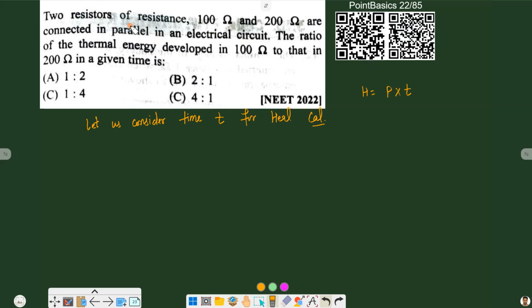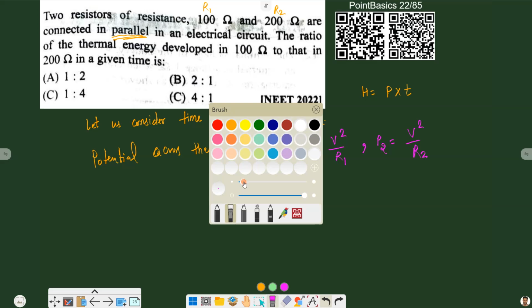Now, as the resistors are in parallel, the potential across them is constant. So suppose this 100 is R1 and 200 is R2, then we can write that P1 is equal to V square by R1 and P2 is equal to V square by R2.